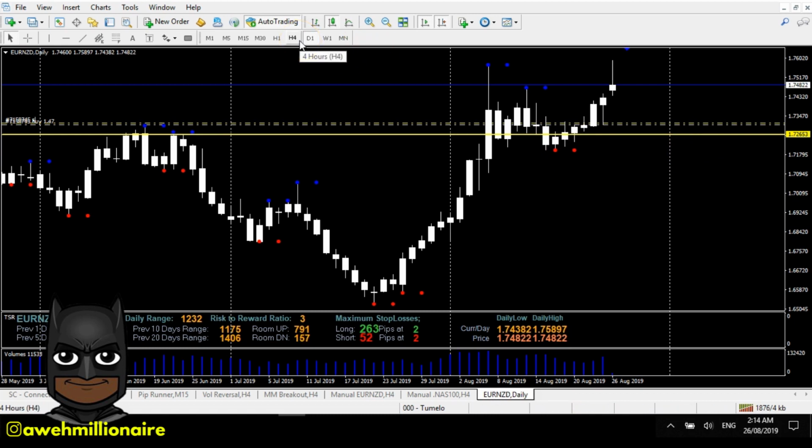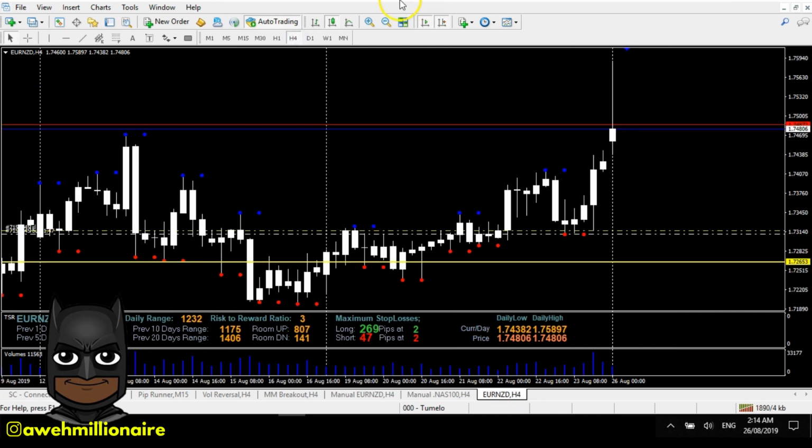So that was step number one, identifying the key level, which is very important because, as a smart trader, you only want to be trading when price is reacting to key levels.